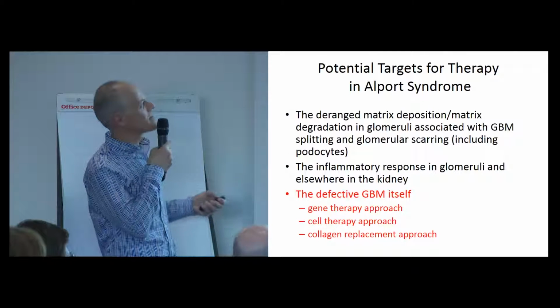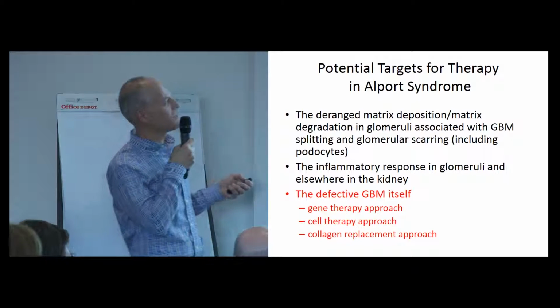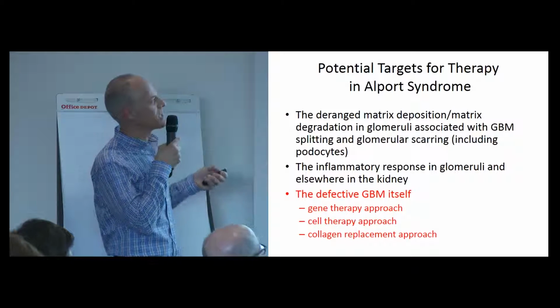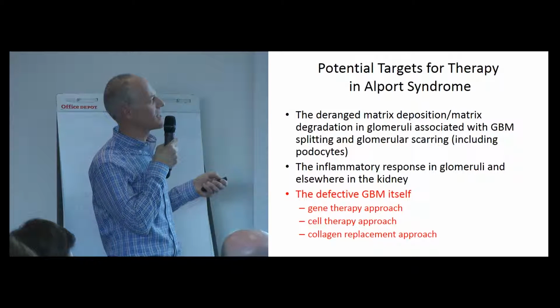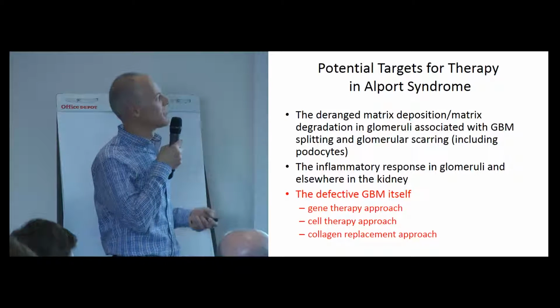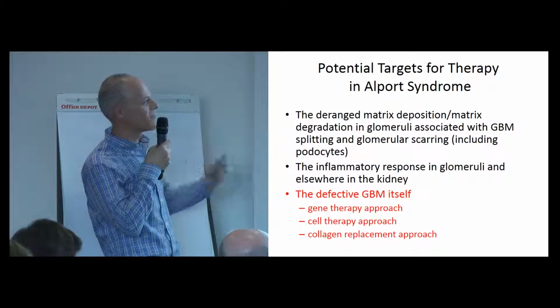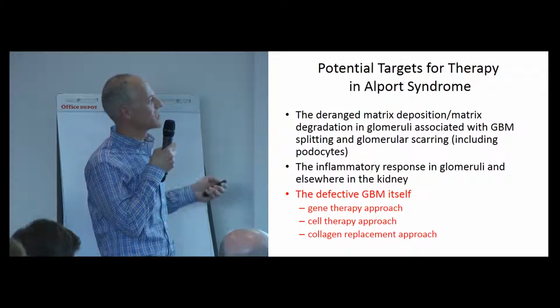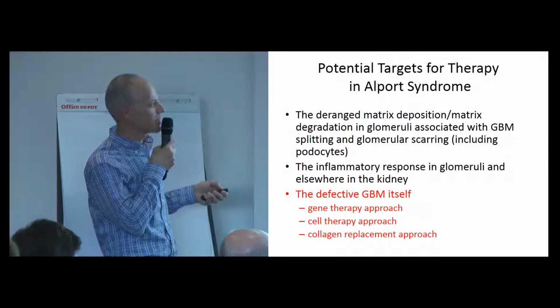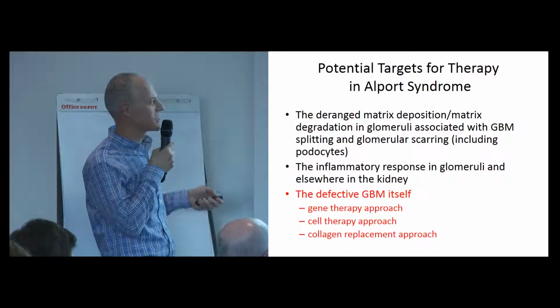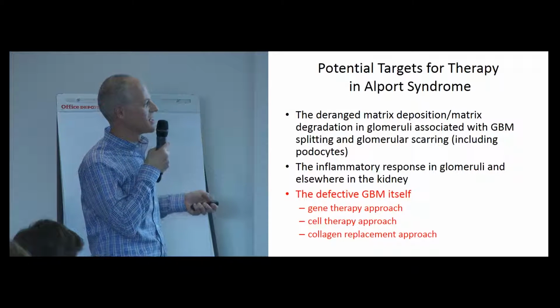So when thinking about potential targets in Alport syndrome, there's this deranged matrix deposition and matrix degradation in the glomeruli that's associated with the splitting, including trying to target podocytes to maybe make them behave more normally. There's the significant inflammatory response in glomeruli and elsewhere in the kidney. There's, as I showed you, the defective basement membrane itself.